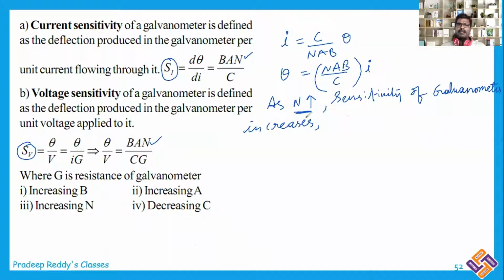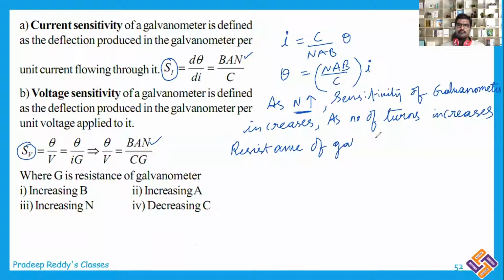But remember that as the number of turns increases, the resistance of the galvanometer increases.